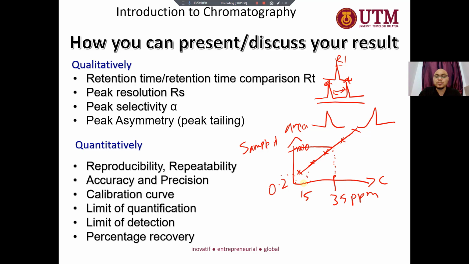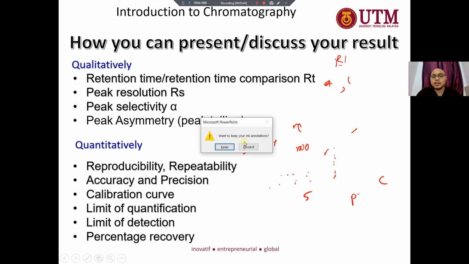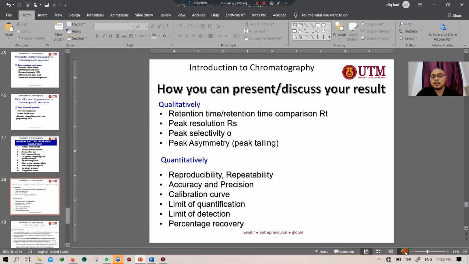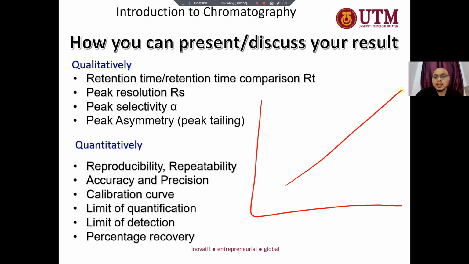concentration. Maybe I need to draw a little bit larger. Okay, let's say here is the calibration curve. Maybe here is your LOQ, and here is your LOD, 0.2 ppm.